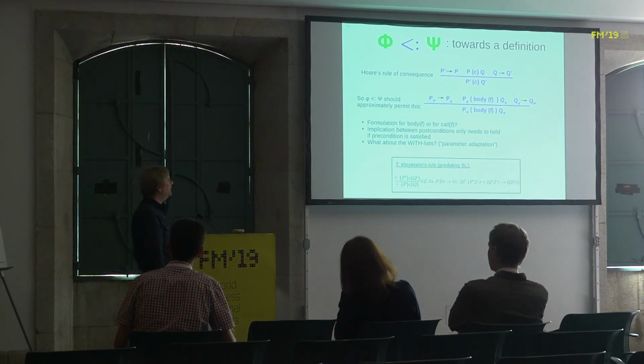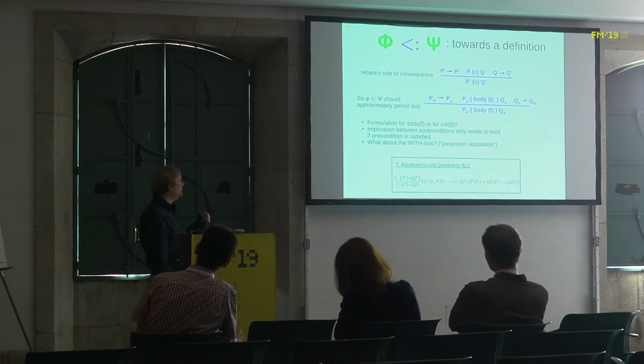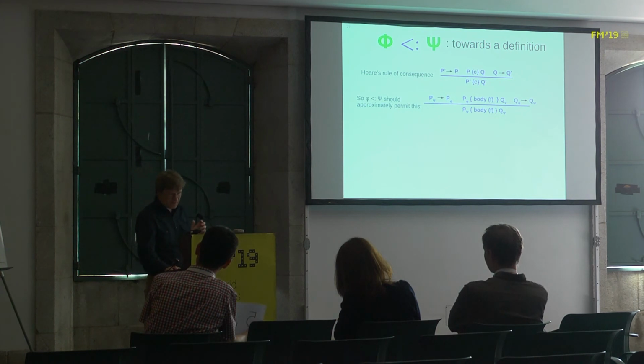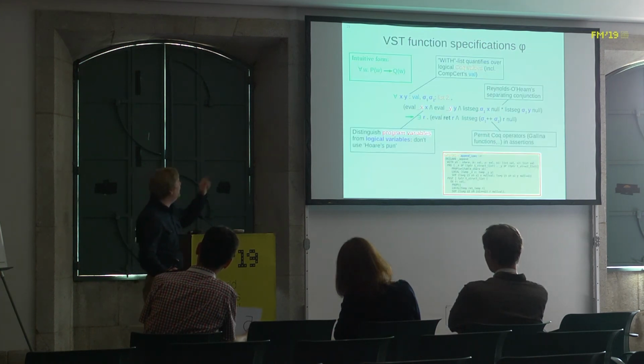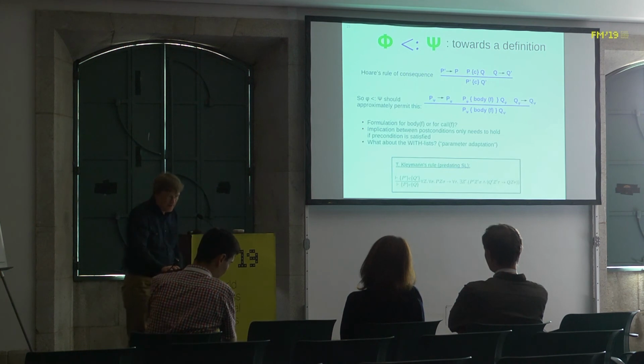Another issue that was actually already observed in the 80s was this issue of parameter adaptation. So in practical situations, the types of these witness lists W that I had on an earlier slide may actually be quite different in the two specifications involved in a subsumption.